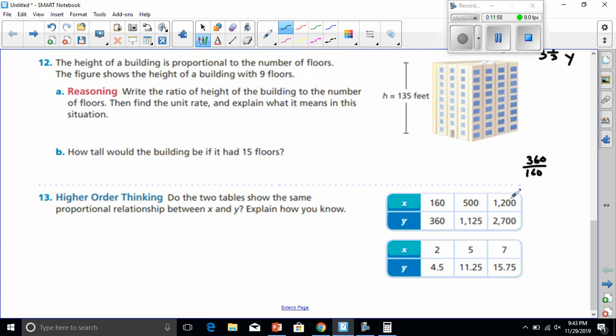It's also going to have 1,125 divided by 500. It's also going to have 2,700 divided by 1,200. So let's find out what the ratios are for each of these.